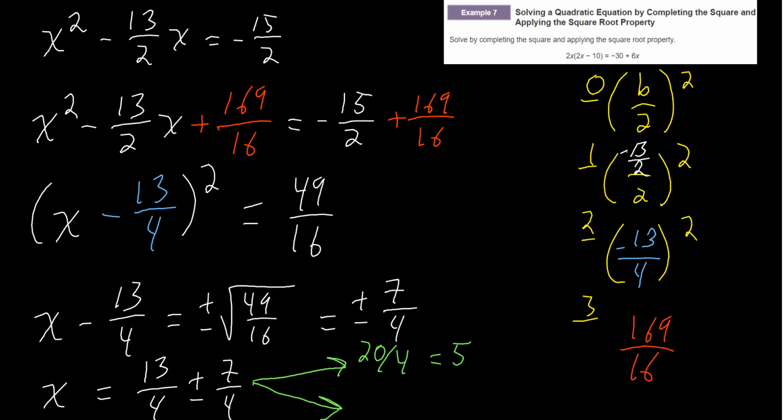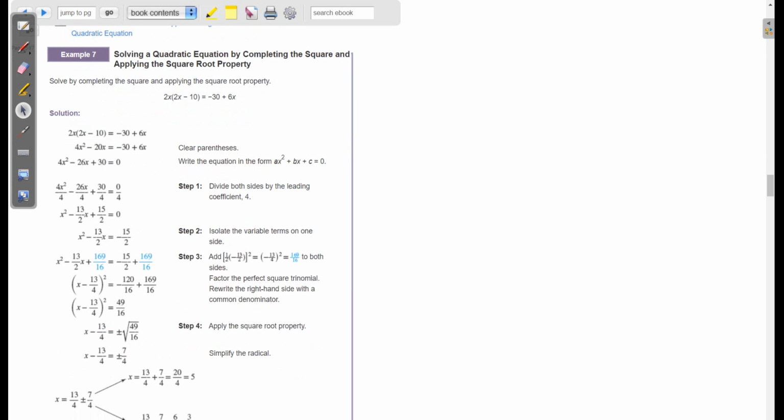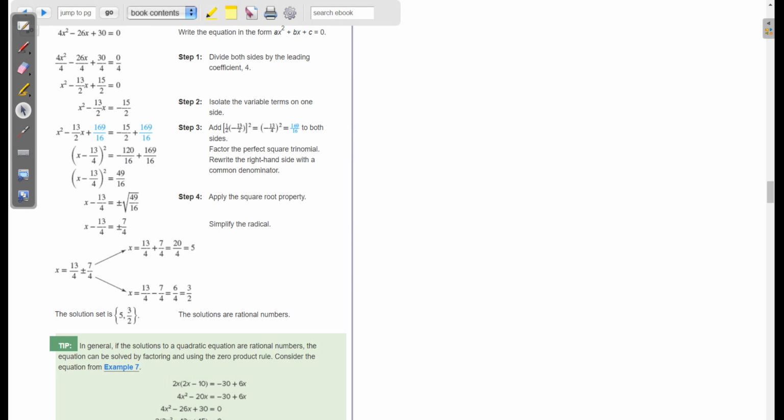And if I did 13 over 4 minus 7 over 4, that's 6 over 4, which is equal to 3/2. Okay. And so that concludes example 7. And yeah, like I said, I remember seeing arrows there.